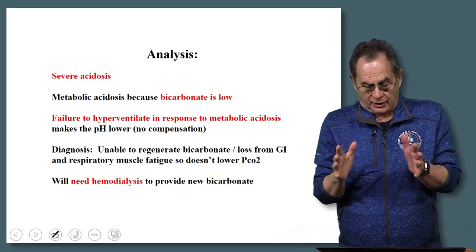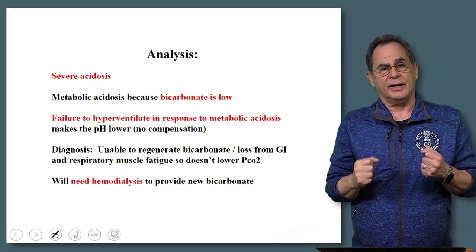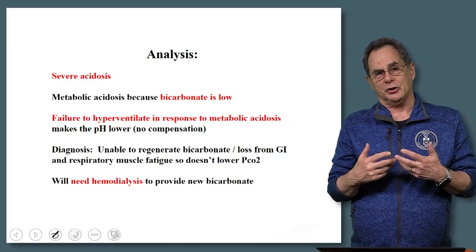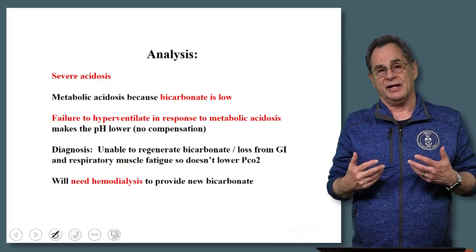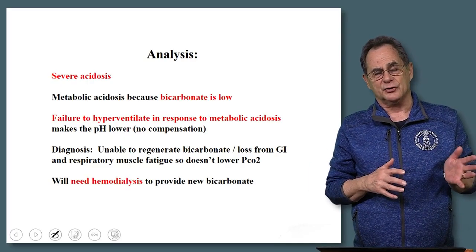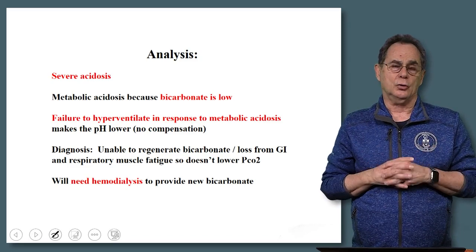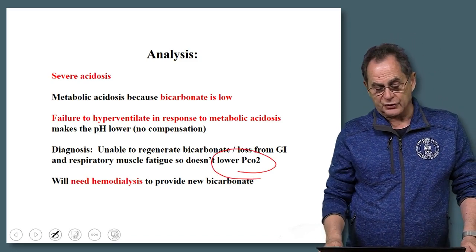So you can imagine that as he was developing this progressive acidemia, he was breathing just like running. And when you start a run, you can breathe much more readily than you can at the end as you begin to fatigue. And so the increased ventilatory demands of early acidemia eventually led to weakening of his muscle and his inability to lower the PCO2.